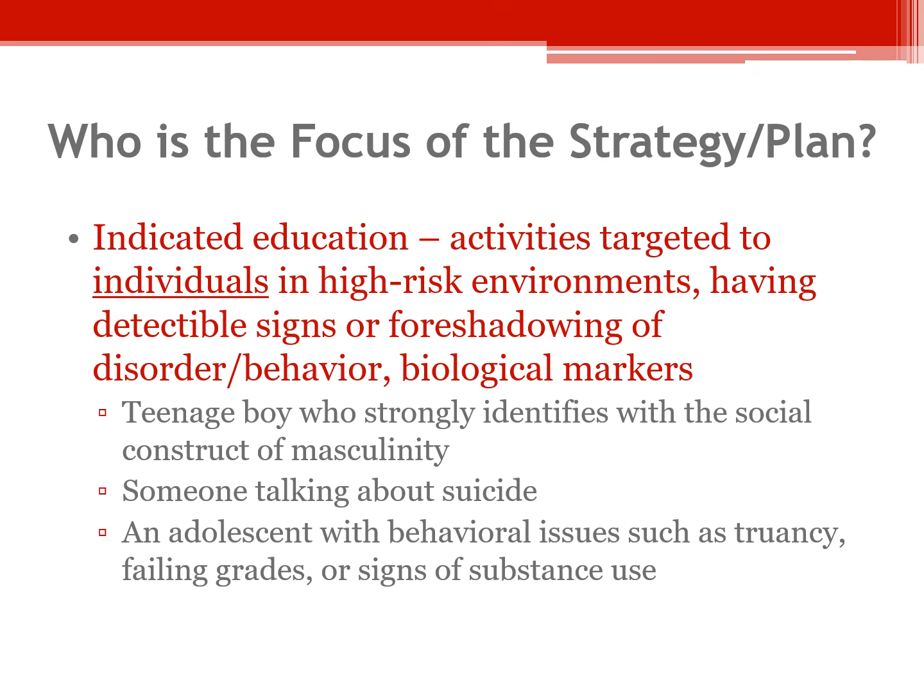Another example would be anyone showing suicidal ideation. If they're people who are talking about the world would be better if they were not here, or showing some other early warning signs of suicidal ideation, having indicated education just for those people.